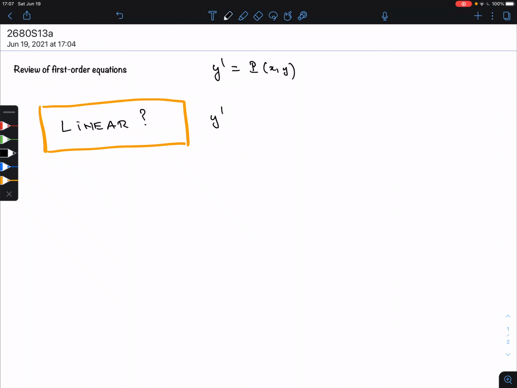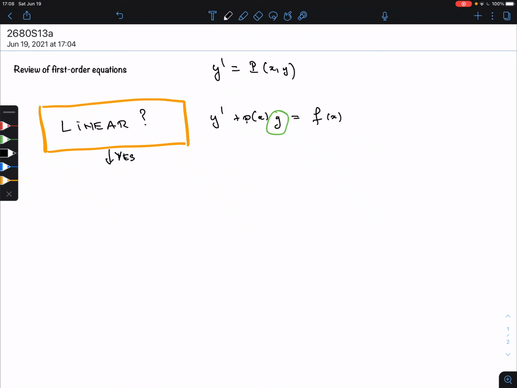In the linear case, we would write it this way: y prime plus p(x) y equals f(x). The p(x) y would really be what you get if you bring it to the other side, but it's much easier to see that this is linear. Linear here means that there's only a single y, and the rest is all functions depending on x. So there are two cases, right? Is it yes or no? Let's put the yes here.